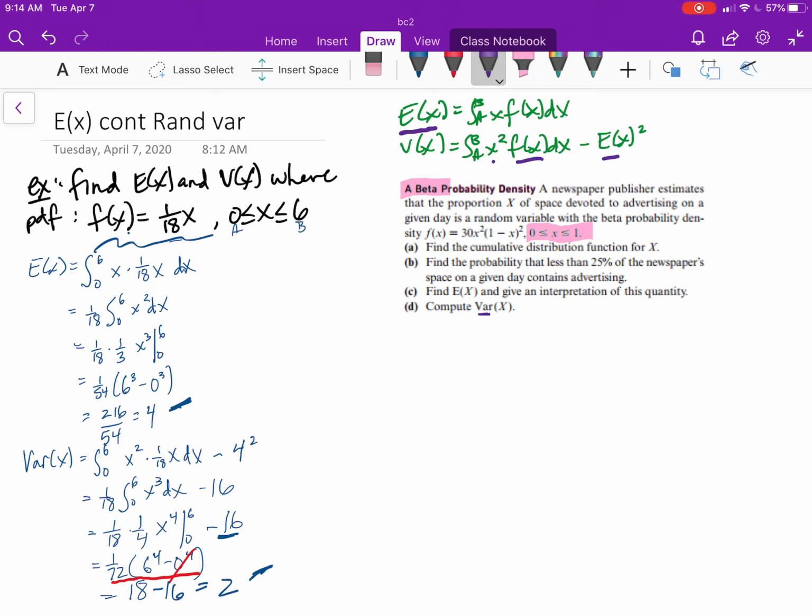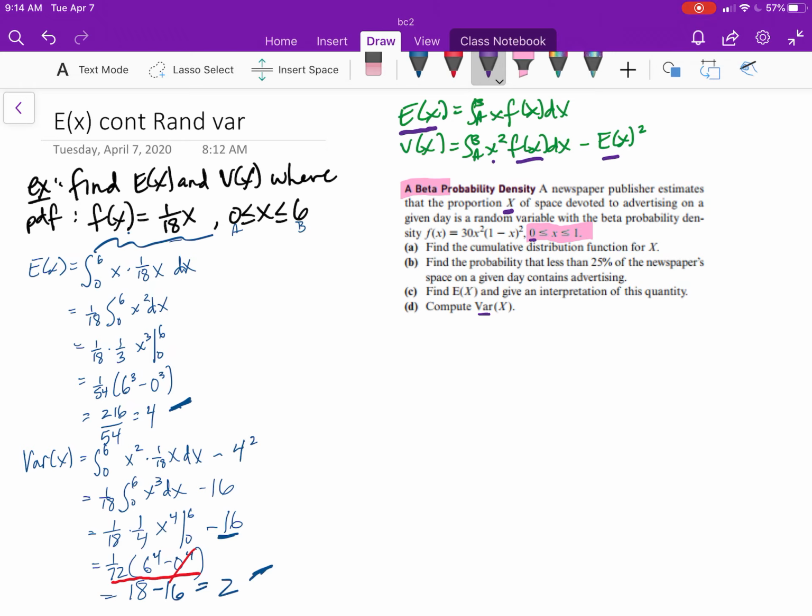So if we look at this word problem, the newspaper publisher estimates that the proportion x of space devoted to advertising on a given day is a random variable with that beta probability density function. Okay. So the proportion of space cannot go beyond 1, I cannot go beyond 100% of the space devoted to advertising.